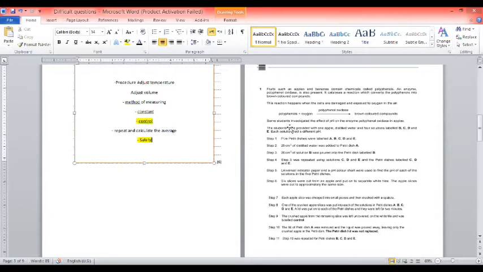So what they did is that they were provided with one apple, distilled water, and 4 solutions labeled B, C, D, and E. Each solution had a different pH. And then they got 5 Petri dishes, A, B, C, D, and E, and they poured in each of them 20 cubic centimeters.